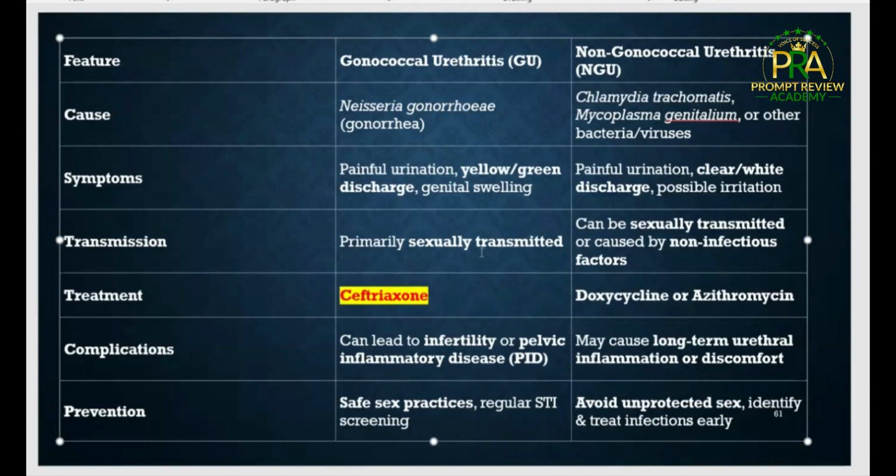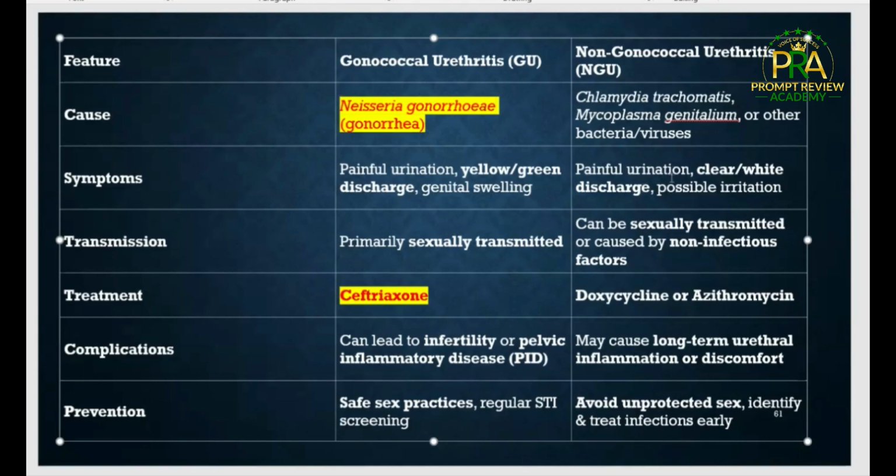It is sexual transmission. So both of them are sexually transmitted. The only difference is when you hear gonococcal, it means it is caused by gonorrhea, and because it is caused by gonorrhea, you are going to give them ceftriaxone, Rocephin.